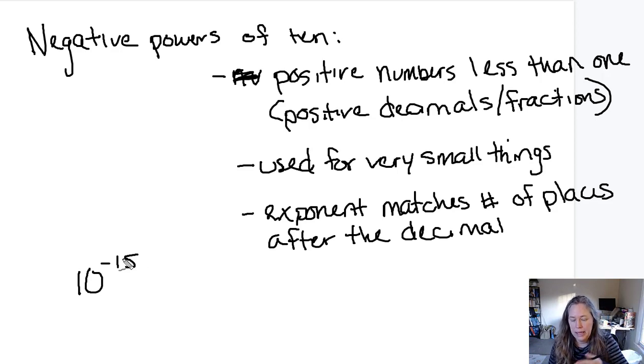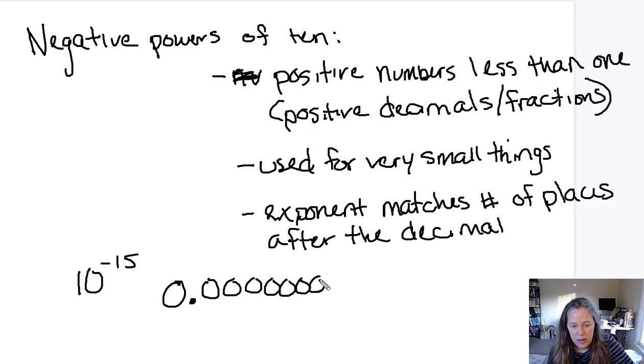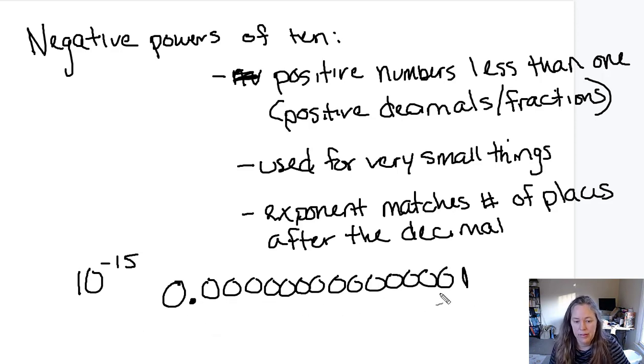It has 15 places after the decimal. If you count the 0 before the decimal, it has 15 zeros, but after the decimal it's going to be 14 zeros. 1, 2, 3, 4, 5, 6, 7, 8, 9, 10, 11, 12, 13, 14, and a 1. So it's 15 places after the decimal, whereas positive powers of 10 are the number of zeros. If you want to count zeros, you can, but you have to count the 0 that's before the decimal.